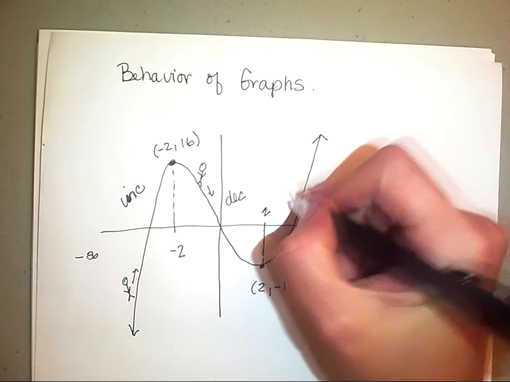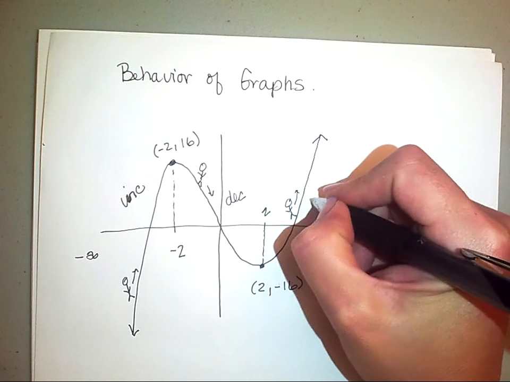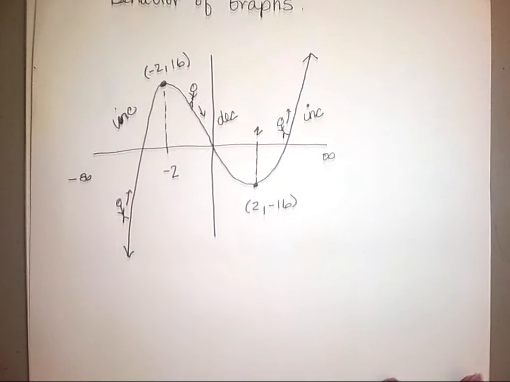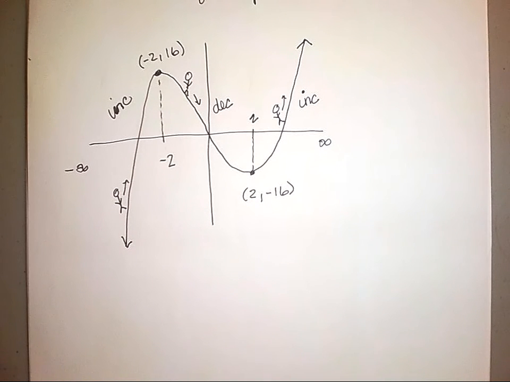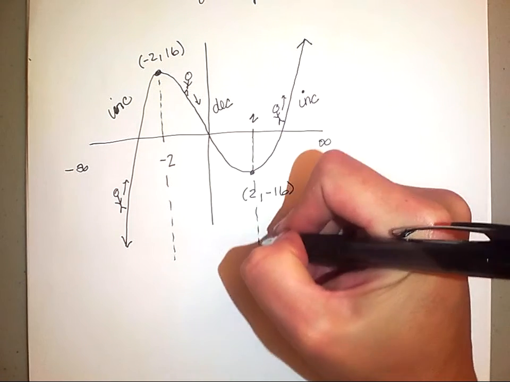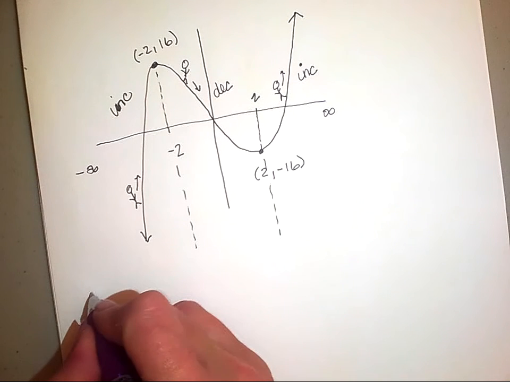And so this is a decreasing function. But it doesn't continue to decrease. It decreases and decreases, and it slows up until this point in the domain, which is +2. And then the graph starts increasing again. So you'd be walking back uphill. And this is increasing. Okay.